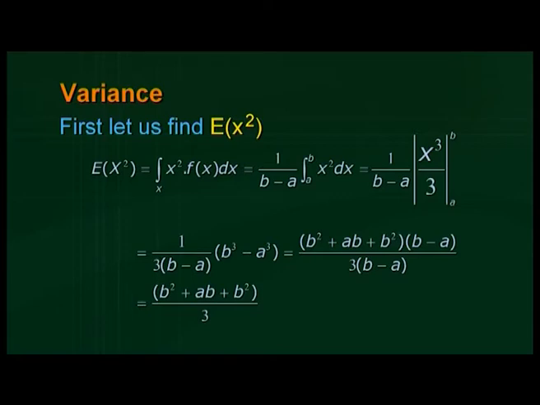Using formula for b cube minus a cube, we get b square plus a into b plus a square into b minus a divided by 3 into b minus a. This is equal to b square plus a into b plus a square divided by 3.